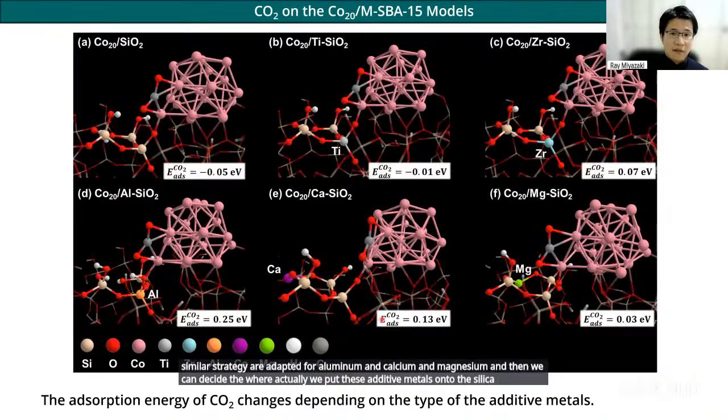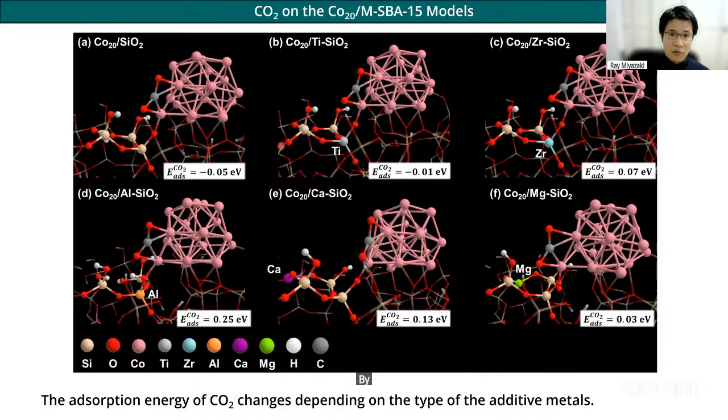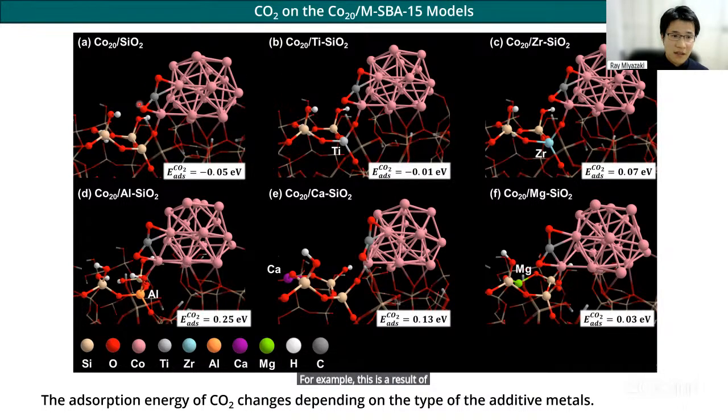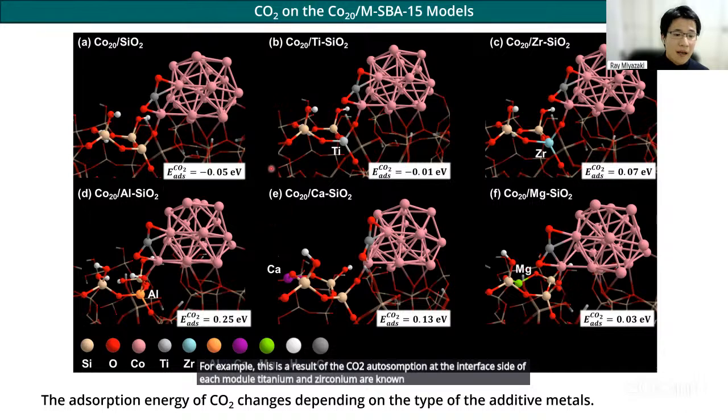And by using the obtained cobalt-20 SiO2 models, we can investigate the effect of the difference of the support material. For example, this is a result of CO2 adsorption at the interface site of each model: titanium, zirconium, aluminum, and so on. Here is the calculated adsorption energy.